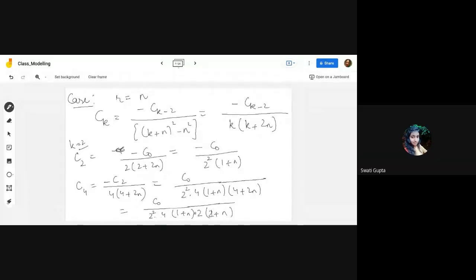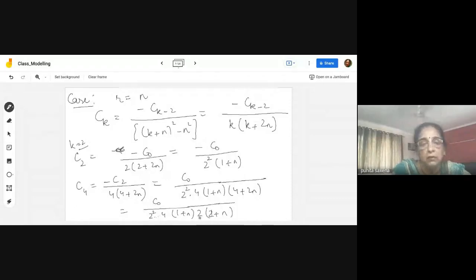Yes, ma'am. Right. Now see, okay, I have 2, which I'll retain as 2. Corresponding to this 2, I can say that I had a 1 here, right? Now this is 2 square, and 4 is also 2 square. So basically, I can write it as C naught upon 2 to the power 4 into, I'm writing it as 2 only as it is, into 1 plus n into 2 plus n. Is that okay?